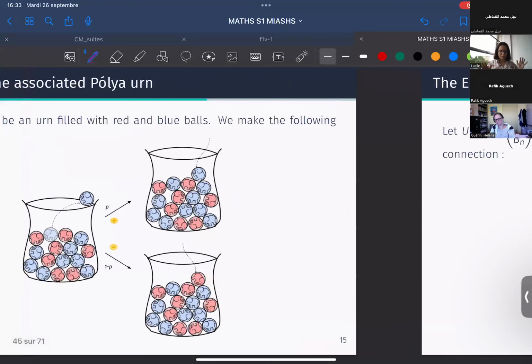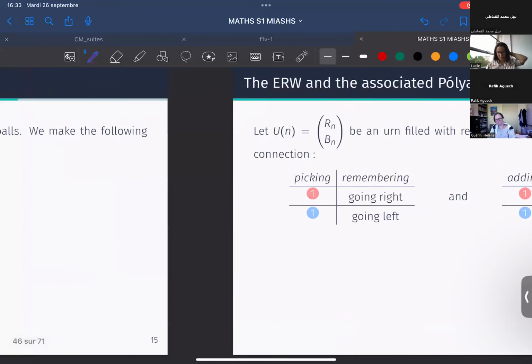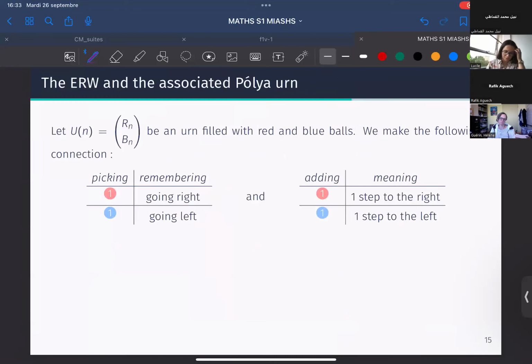So if I do a recap of that, whenever you pick a ball of the color red, that means that you remembered a step to the right. But whenever you add a ball of color red, that means that you performed a step to the right. And it's the same with the blue color. Whenever you pick a ball of the blue color, that means that you remembered going left.